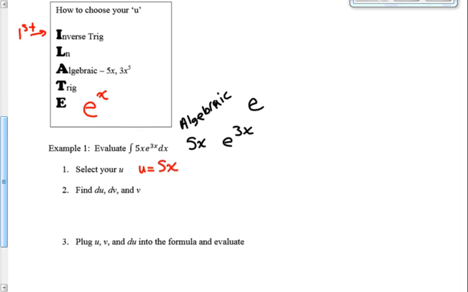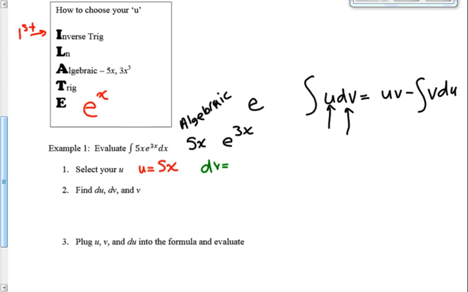The next thing I need to do is find du, dv, and v. In my formula for integration by parts, the integral of u dv is equal to uv minus the integration of v du, which means whatever I choose as my u, the other thing that's left over is my dv. My u is 5x, so in this problem my dv is going to be e to the 3x.